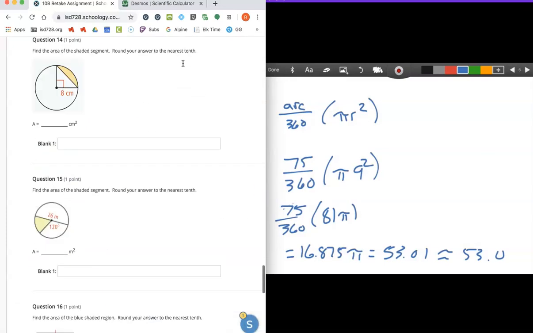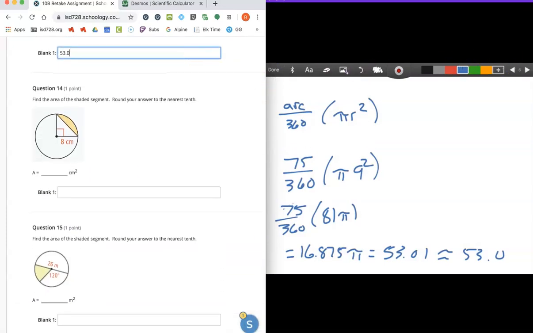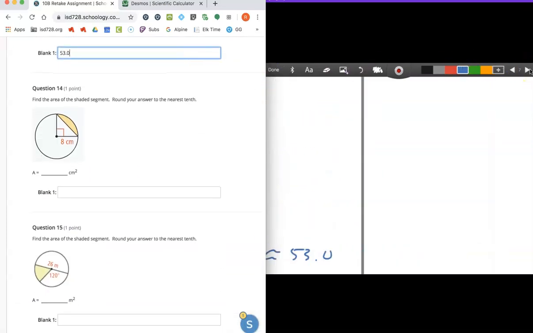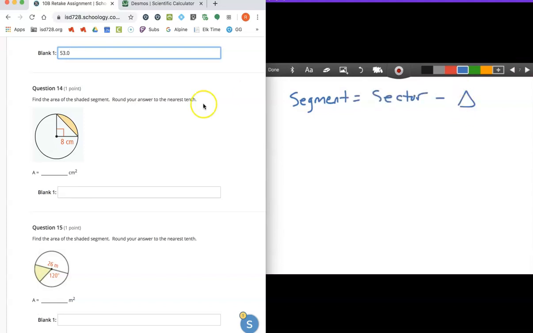Okay, so let's do one segment problem. With segment problems, what we do is we take the area of the sector minus the triangle, because there's a sector here if it was all shaded in, but there's a triangle taken out of the sector that gives us just this segment. So this is the area of the pizza crust instead of the length of it.